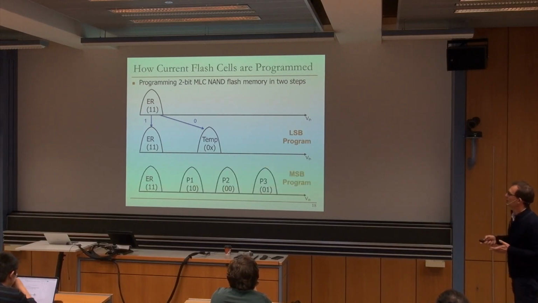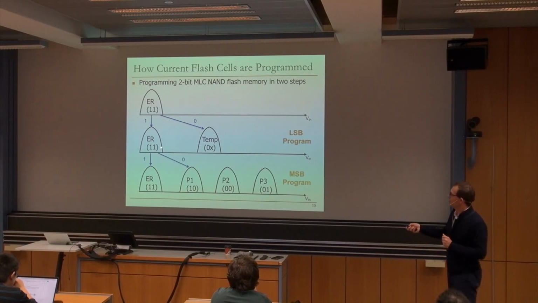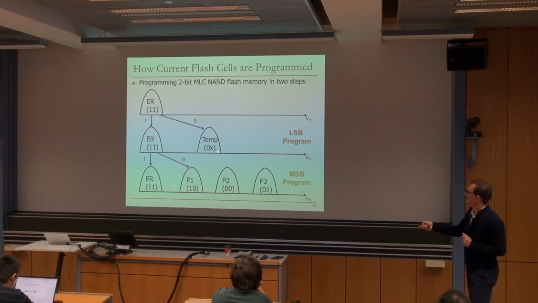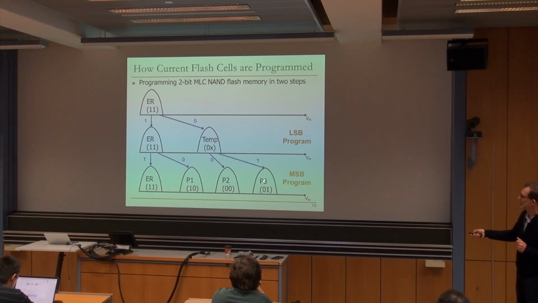And then you program the most significant bit. Well, I guess if your most significant bit is 1, you move from the erase state to this P1 state by adding some more voltage. And if your most significant bit is 0, you go from this temp state to this P2 state by adding some more voltage. And then if the most significant bit is 1, in this case, I encoded things a little bit differently.